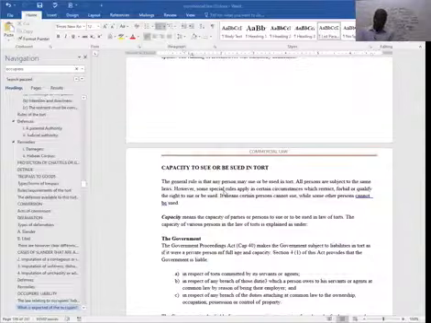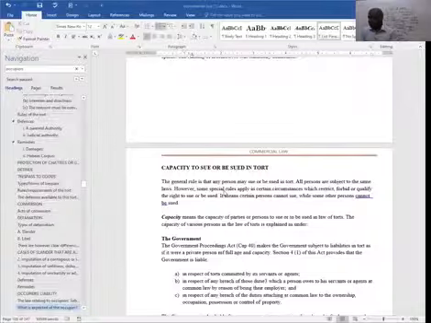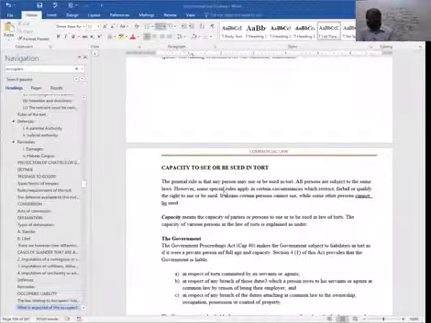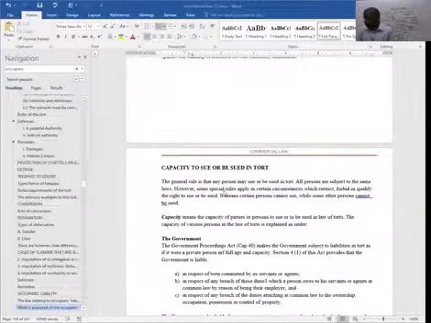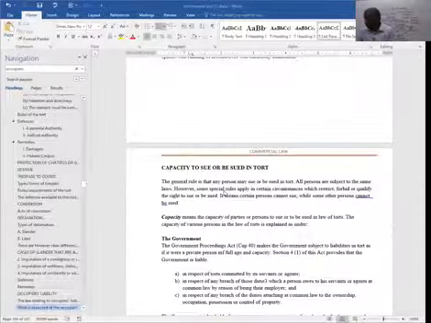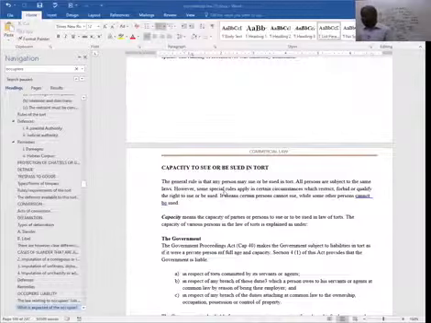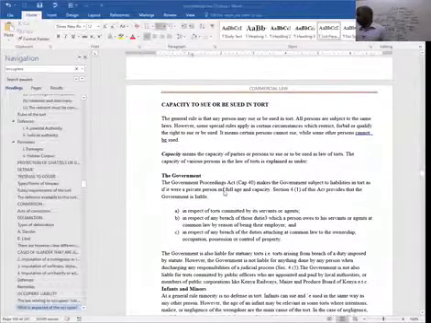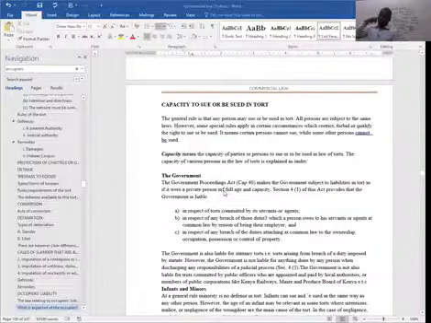In respect of any breach of those duties which a person owes to his servants or agents at common law by reason of being their employer, and in respect of any breach of duties attaching at common law to the ownership, occupation, possession, or control of property by the government. So the government can be sued for any form of tort or wrong committed against a person.